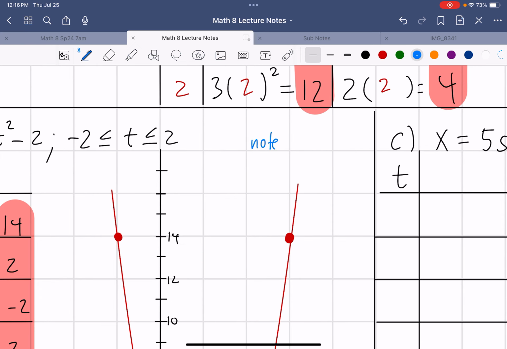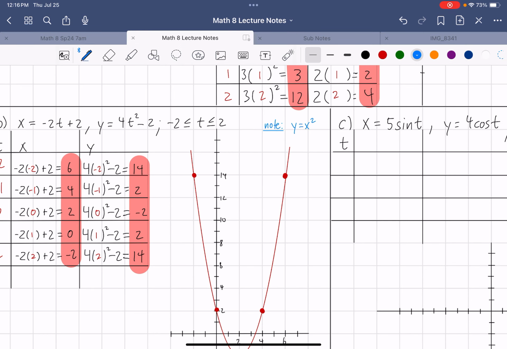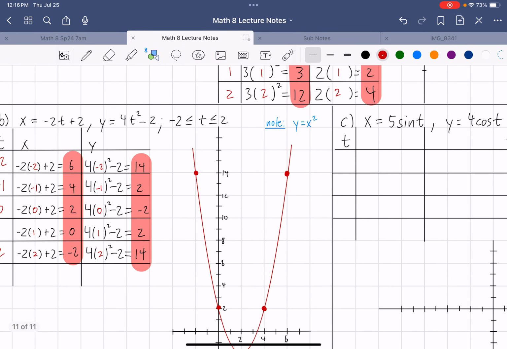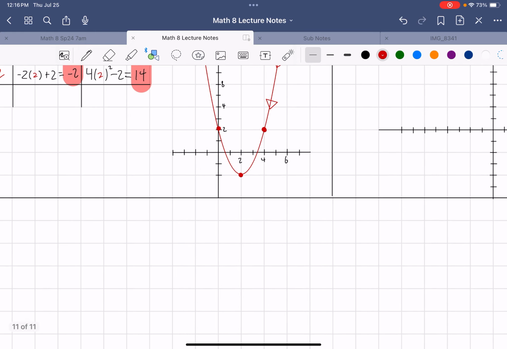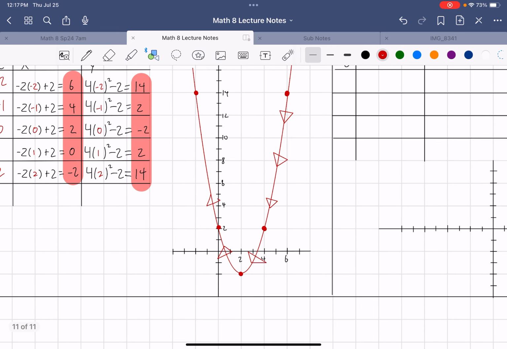Like I said, I'm just going to make small, quick notes that this is when you had x being squared. And like I said before, that's going to mean something at the end. But once again, we have our curve facing, we started at the top right, and then we can see our direction.